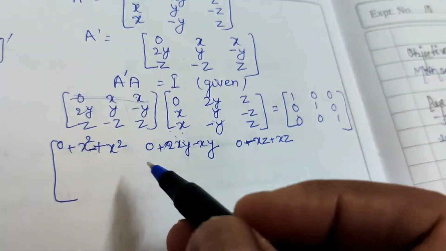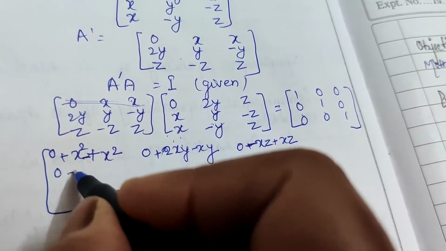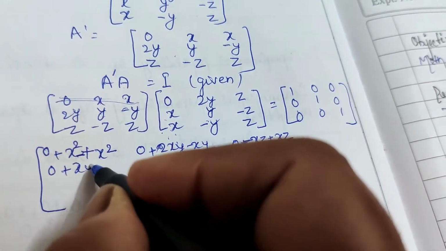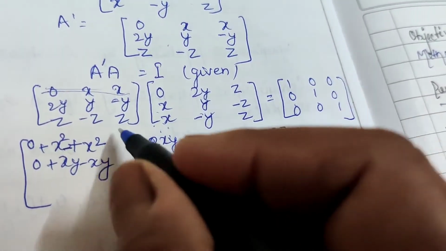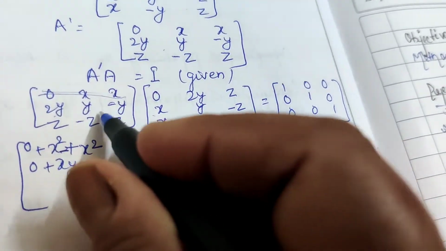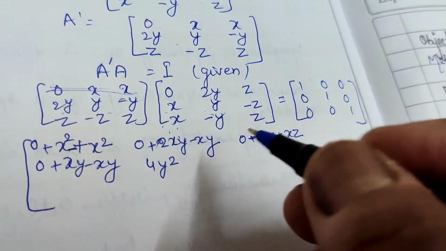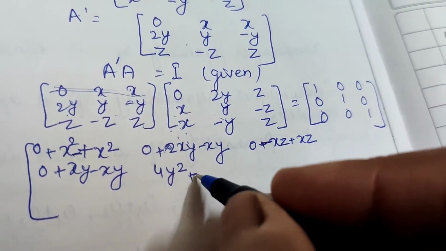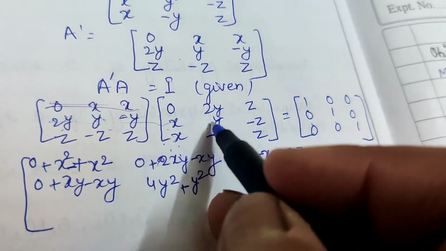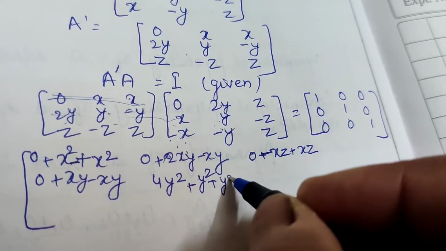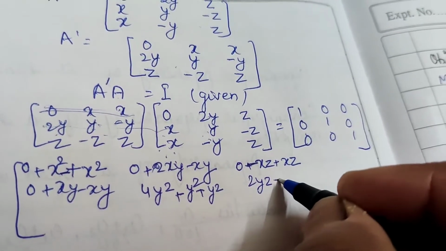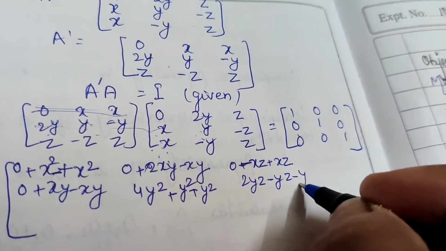In second row, first column 0, 2y into xy minus xy. Second 2y into 2y, 4y square plus y square plus y square. Second 4y square plus y square. And third, 2yz minus yz minus yz.